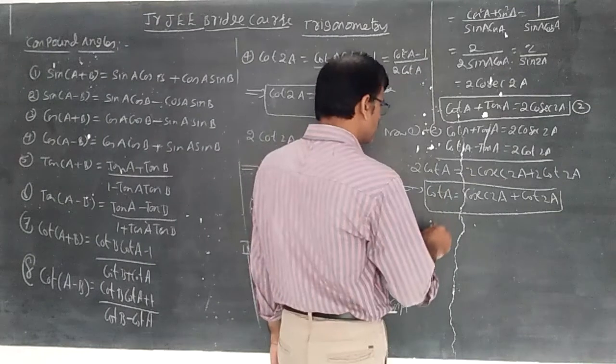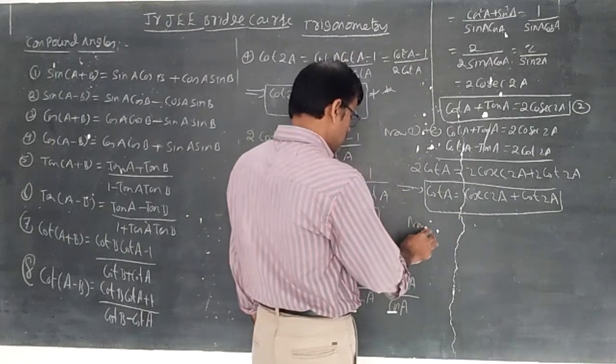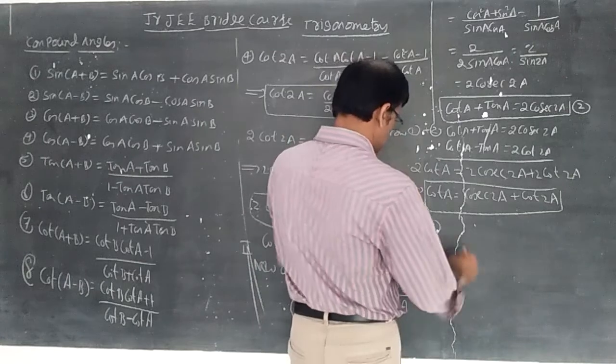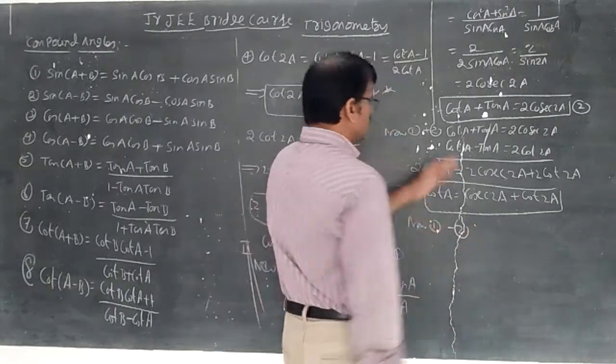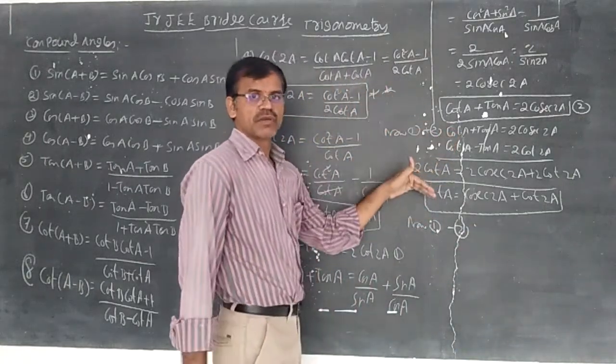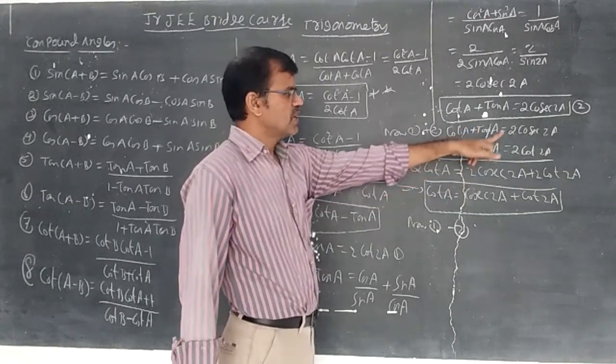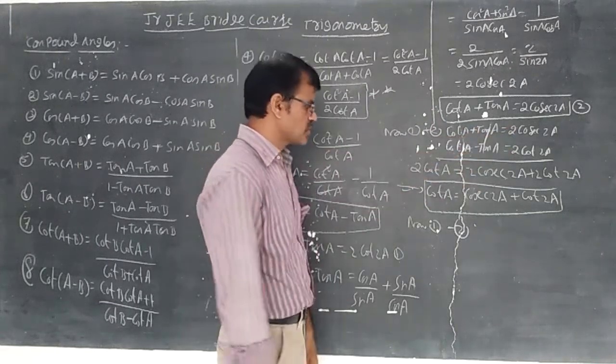Now I am writing 1 minus 2. Cot a and cot a get cancelled out, tan a minus of minus becomes plus, and we get 2 cosec 2a minus 2 cot 2a.